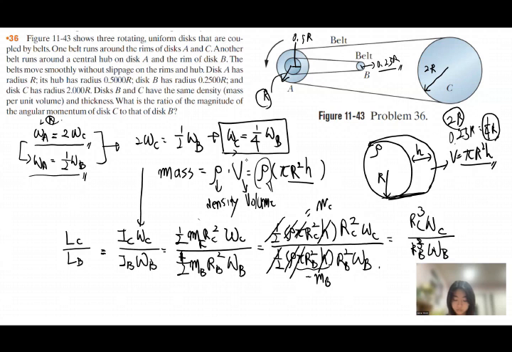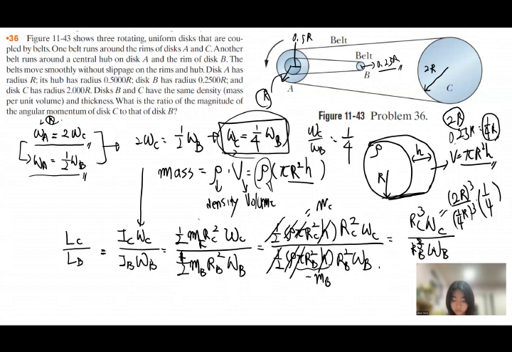And for omega C and omega B, you have the relationship from that. So omega C over omega B is 1/4. So you plug that in: 2R and 1/4 R cubed, and that is 1/4.